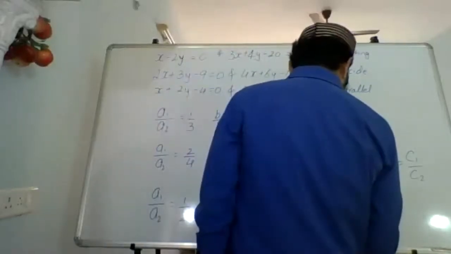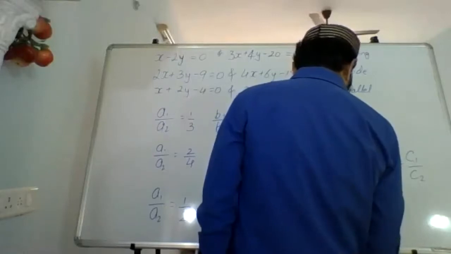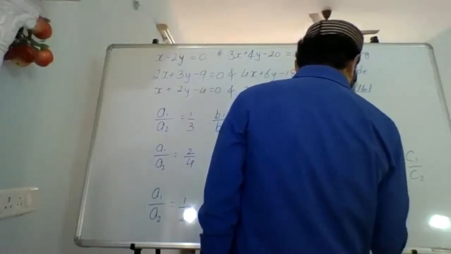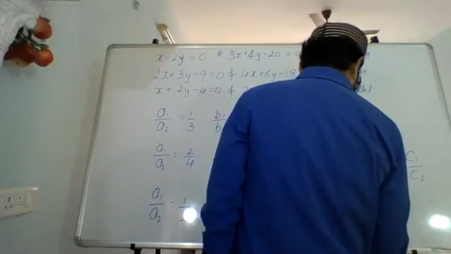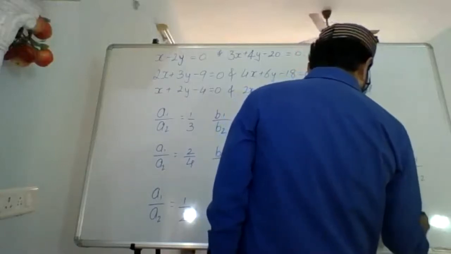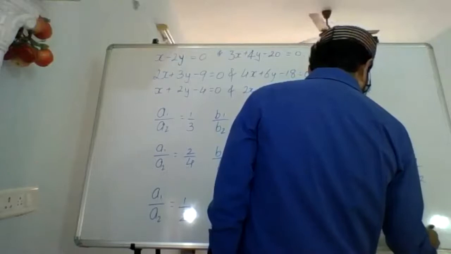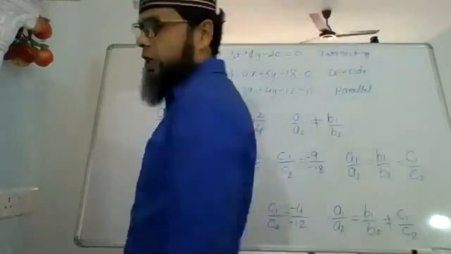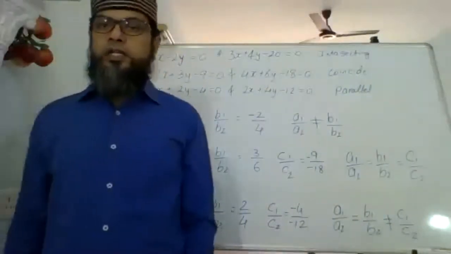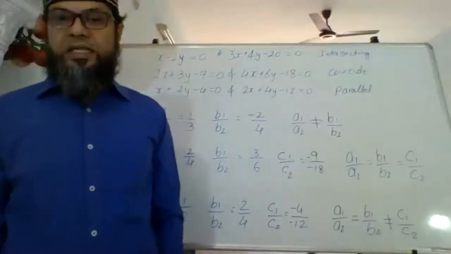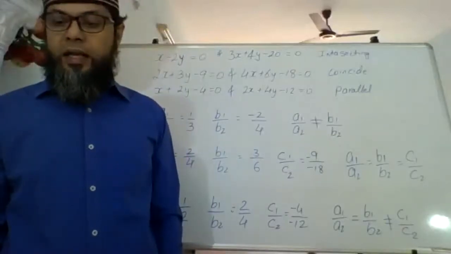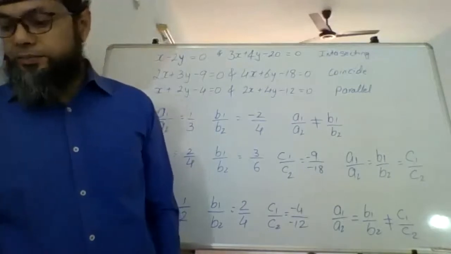So a1 upon a2 is equal to b1 upon b2, which is not equal to c1 upon c2. Then the lines are parallel.